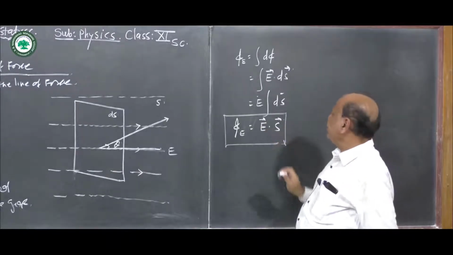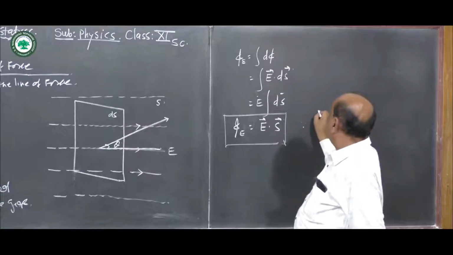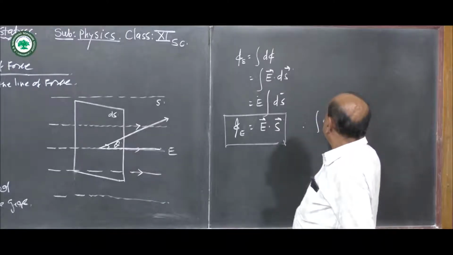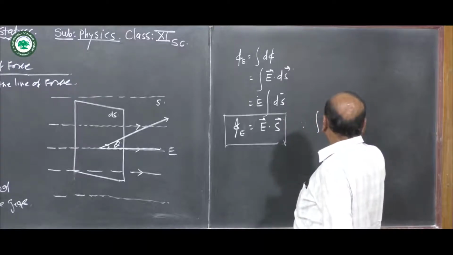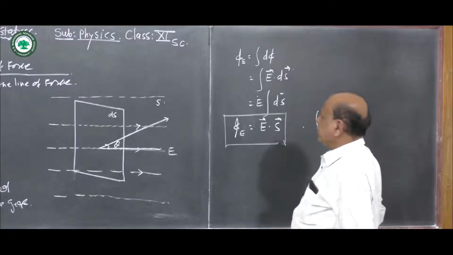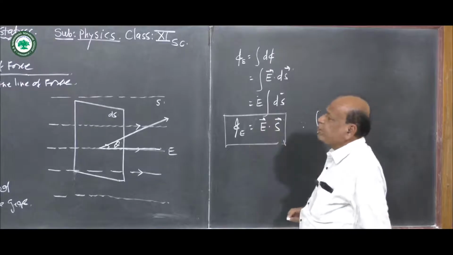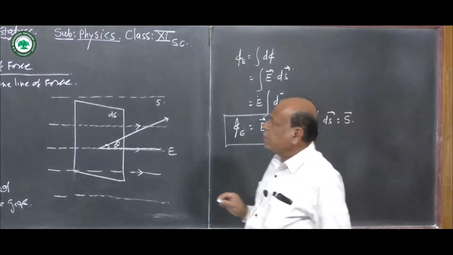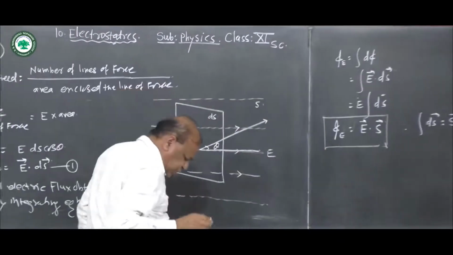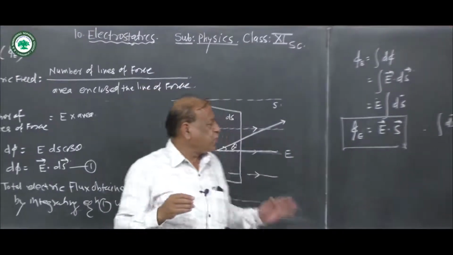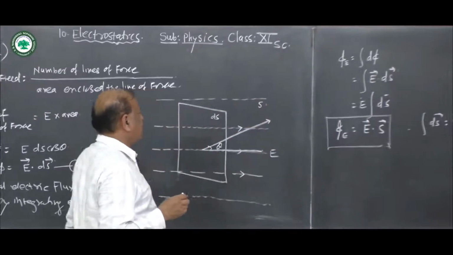This is a scalar product. Here the integration of ds bar is the total surface area S bar. In this way we can obtain the total electric flux due to the total surface.